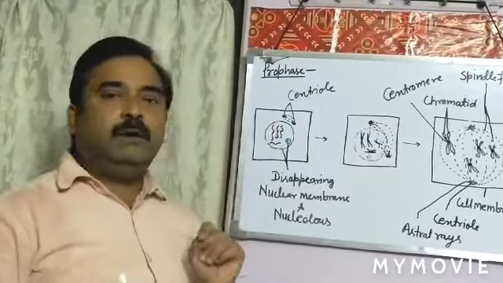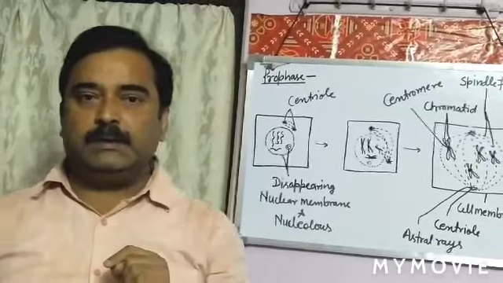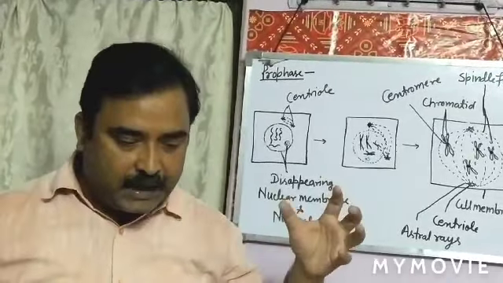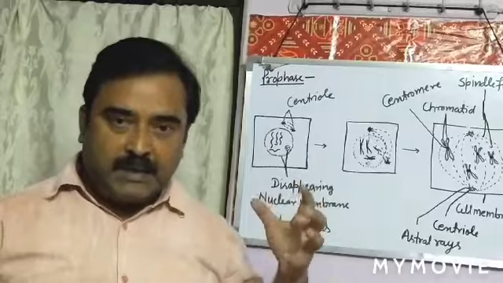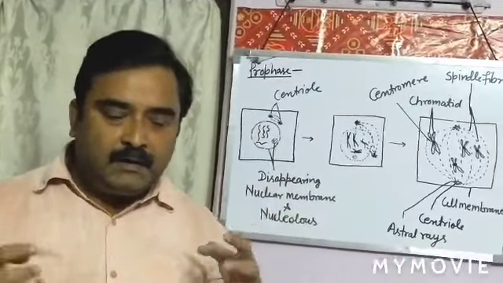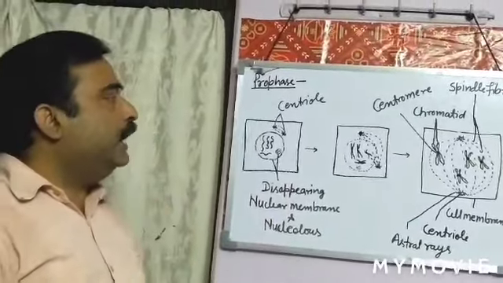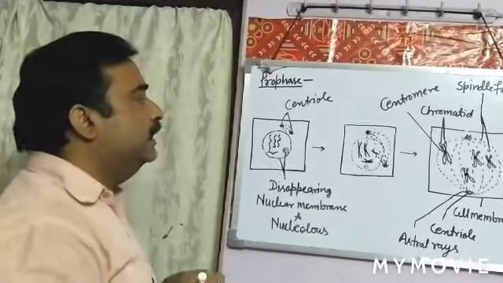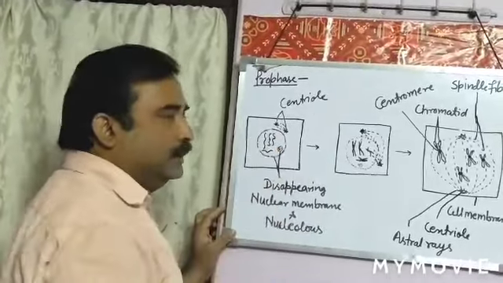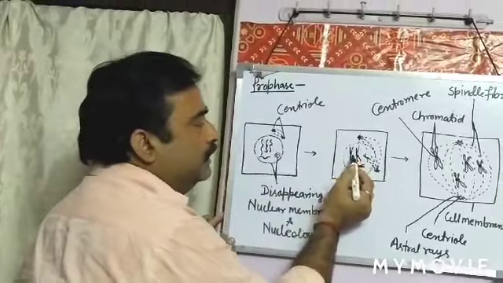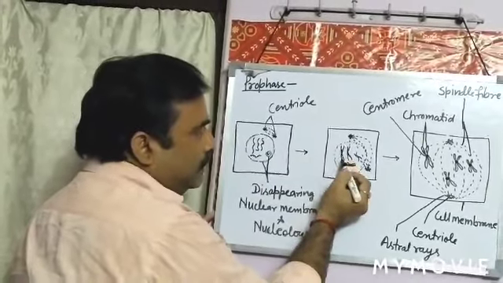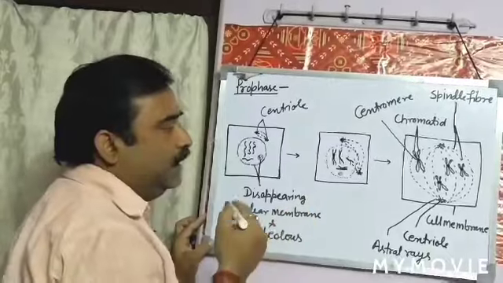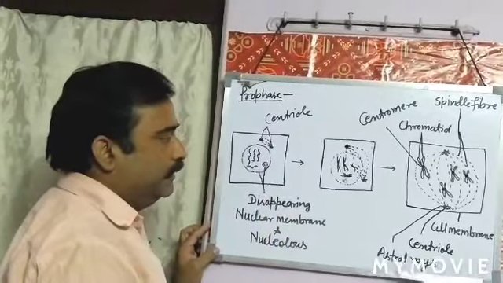The chromatin network present inside the nucleus starts condensing. It starts shortening and thickening. Due to that thickening, shortening and condensing, it becomes visible like a thread, and further it becomes visible as chromosomes.